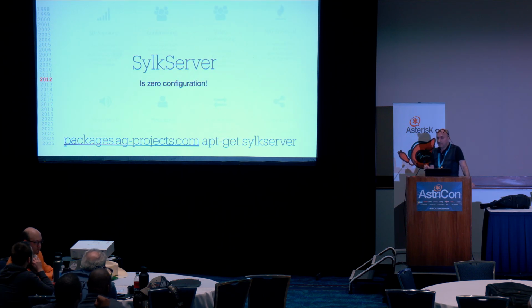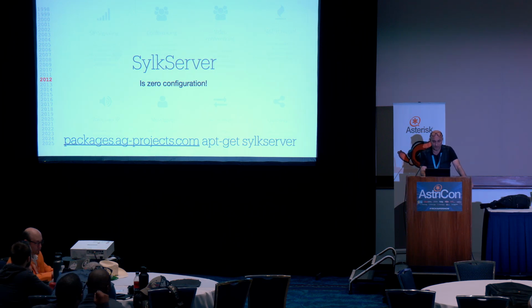The nice thing about it is that it's zero configuration. You download it, you start it, everything works. You don't have to configure a thing unless you really know what you're doing. You can do a lot of configuration, but the idea is that it works the moment you download it, with no problems.